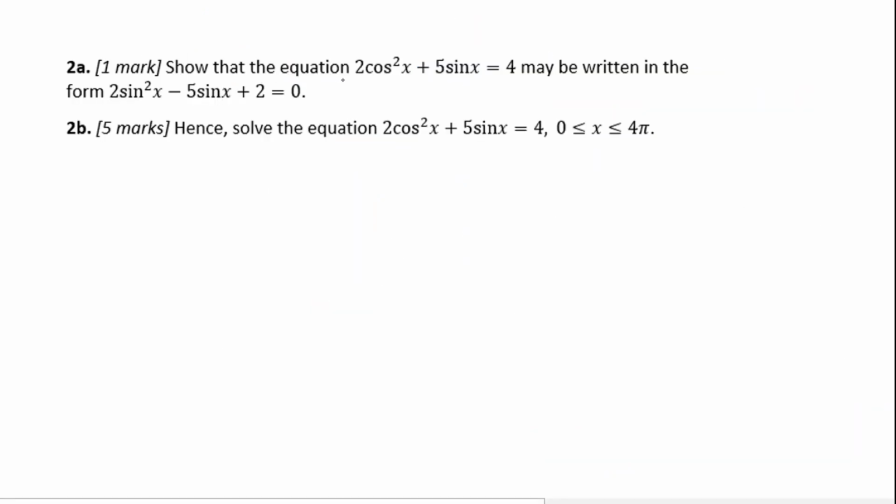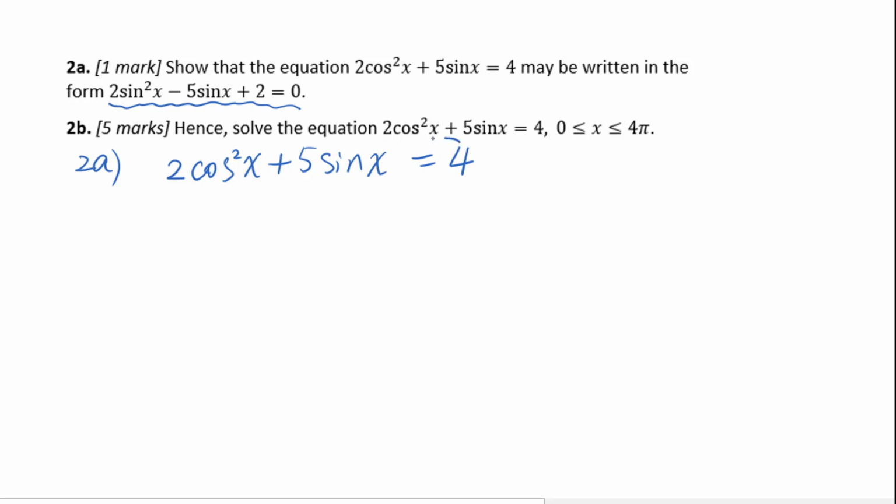Show that the equation 2 cosine square x plus 5 sin x equals 4 may be written in the form 2 sin square x minus 5 sin x plus 2 equals 0. For 2a, we have 2 cosine square x plus 5 sin x equals 4.